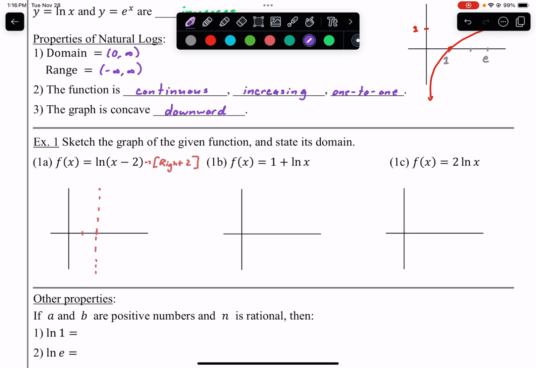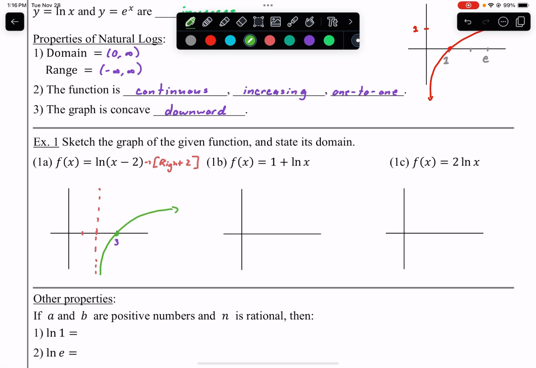You still have the same general shape, concave down, continuous, one-to-one, but now I'm going to be going through that point 3 right there. So go through 3, and again, it's going to flatten out, concave down.